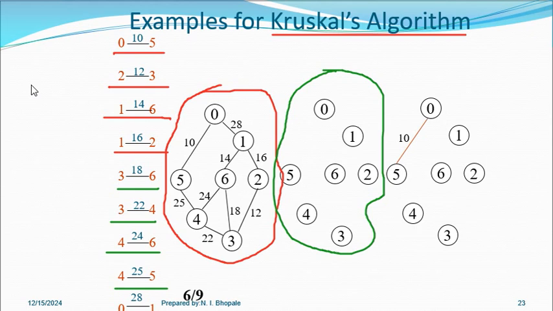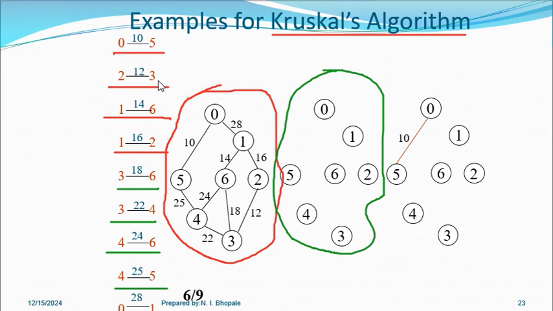Along with that, it must have the property that there should not be any loop or cycle present in the MST. So we check the insertion of the edges one by one in their order from lowest to highest. If the edge after insertion forms a loop, we need to discard that particular edge.